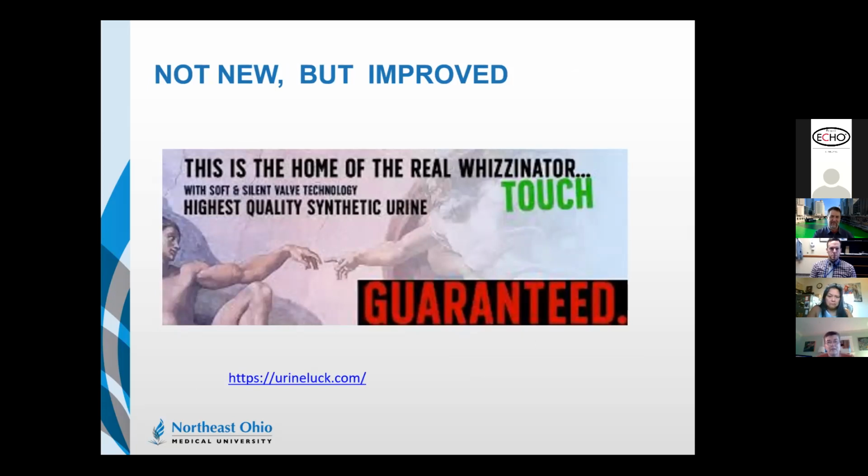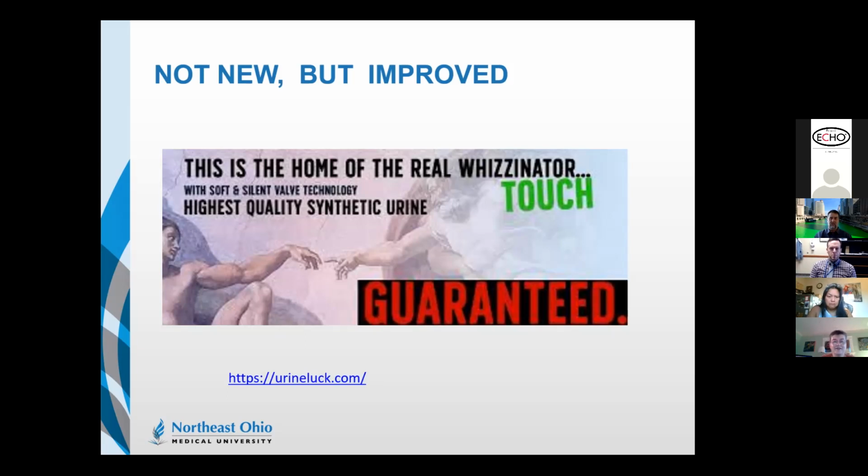The Whizzinator, you can Google it if you'd like to see it in more graphic detail, but it not only gives you a fake urethra to pass the urine through, but it includes some high quality synthetic urine that can pass through this device and look to an observer like a urine sample is being provided, and will give the same creatinine and pH that human urine would, but it's not. So there's a kind of way that people can try to falsify a sample.